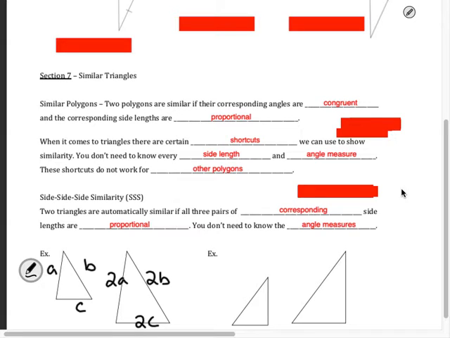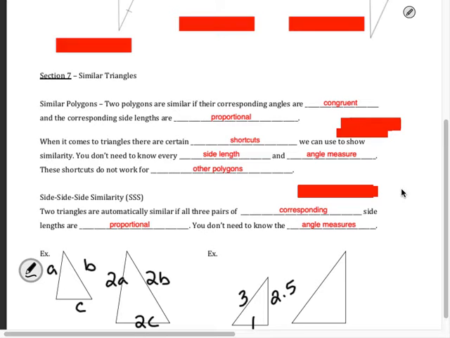I might also be able just to give you the direct numbers. So I could say that this side here is 3, 2.5, and 1.